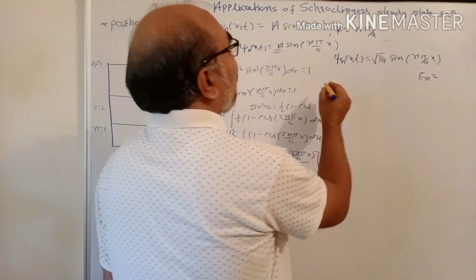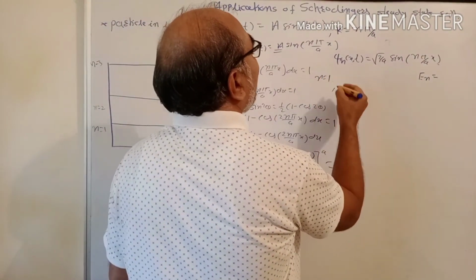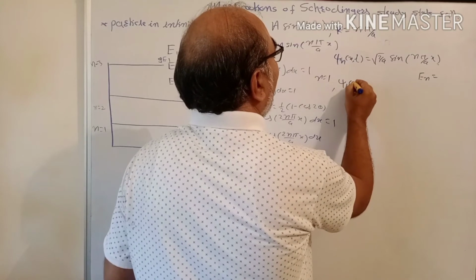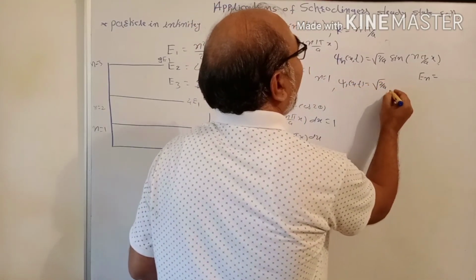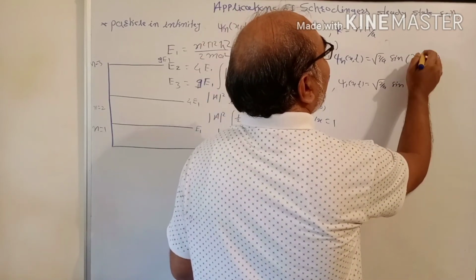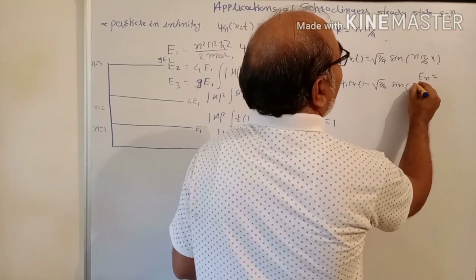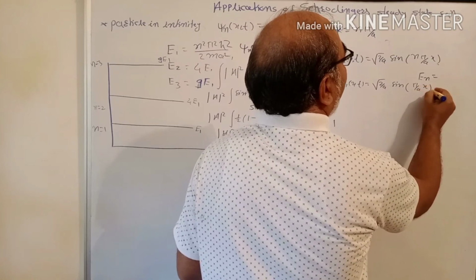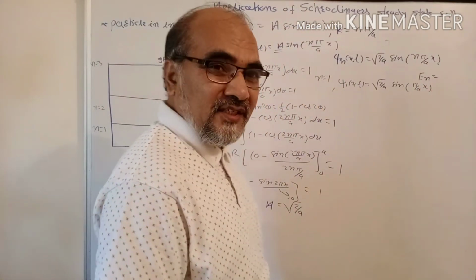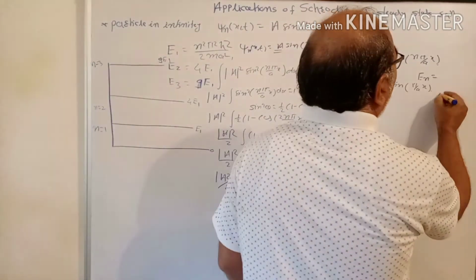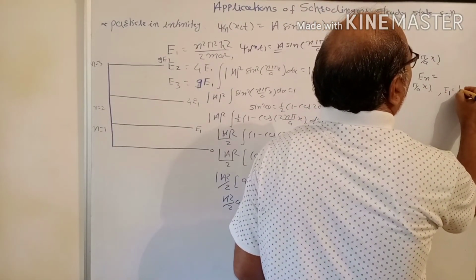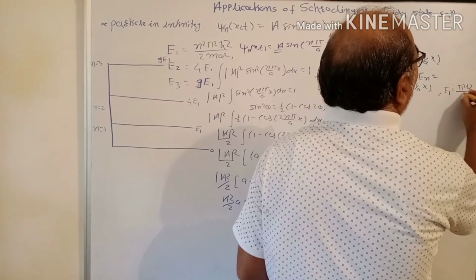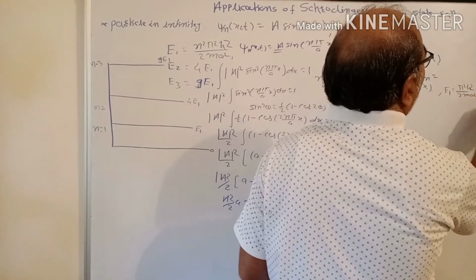Now put n equal to 1. We have psi 1 of x is equal to root 2 by a sin pi by a into x. The corresponding eigenenergy E1 is pi square h bar square upon 2m a square.